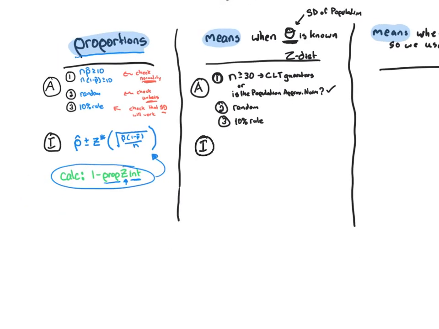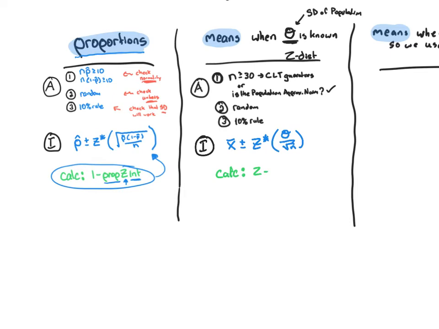All right, let's look at the interval calculation. Here we go. If standard deviation of the population is known, then we're going to go x bar plus or minus z star times standard deviation of the population divided by the square root of n. Okay, that's what that's going to look like. Now, if I'm going to use my calculator, what am I going to put into my calculator? In this case, you are just going to do a z.